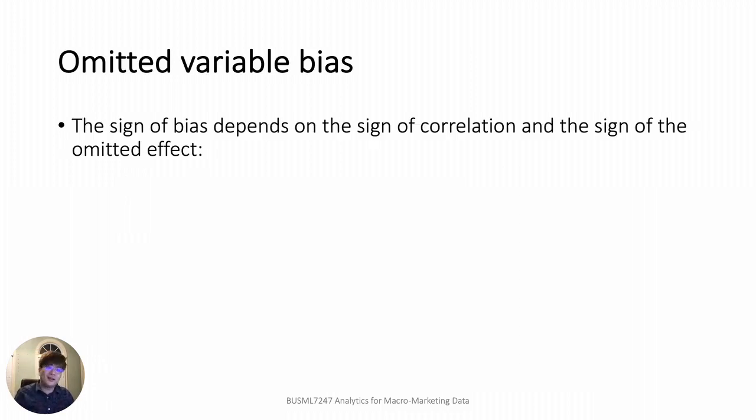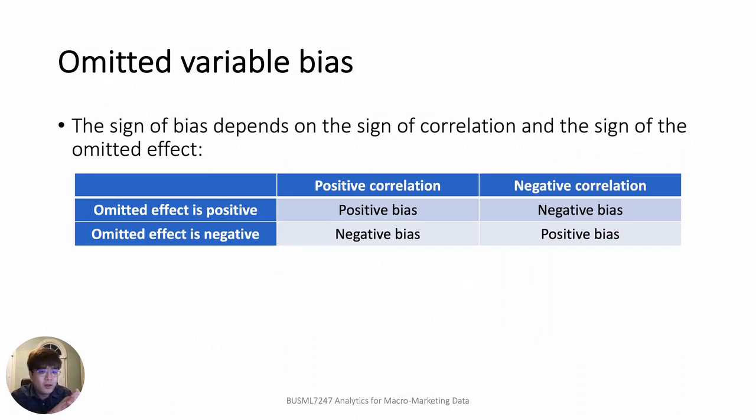We already learned about the omitted variable bias, and let's review what we've learned. There is no exact formula to compute the omitted variable bias, but we can roughly expect the sign of the bias based on the sign of the correlation and the sign of the omitted effect.